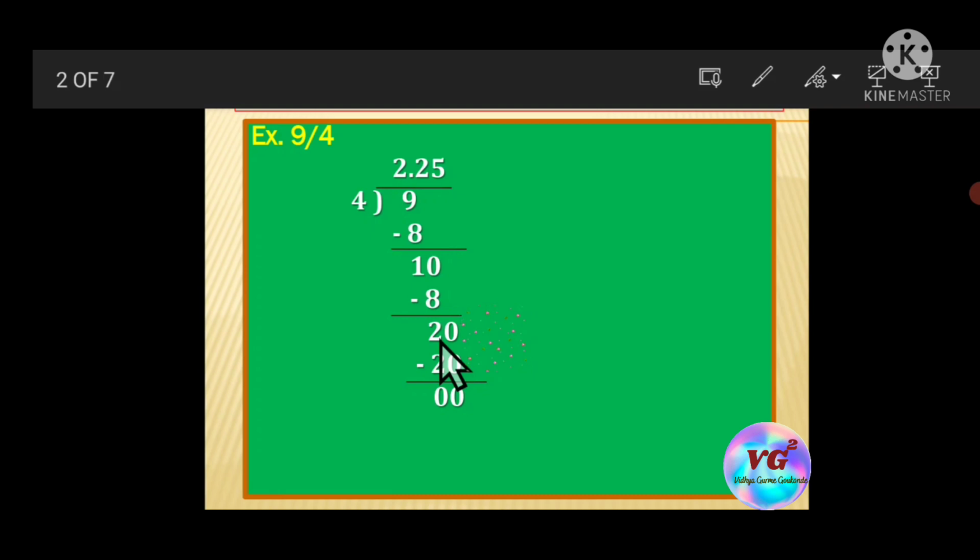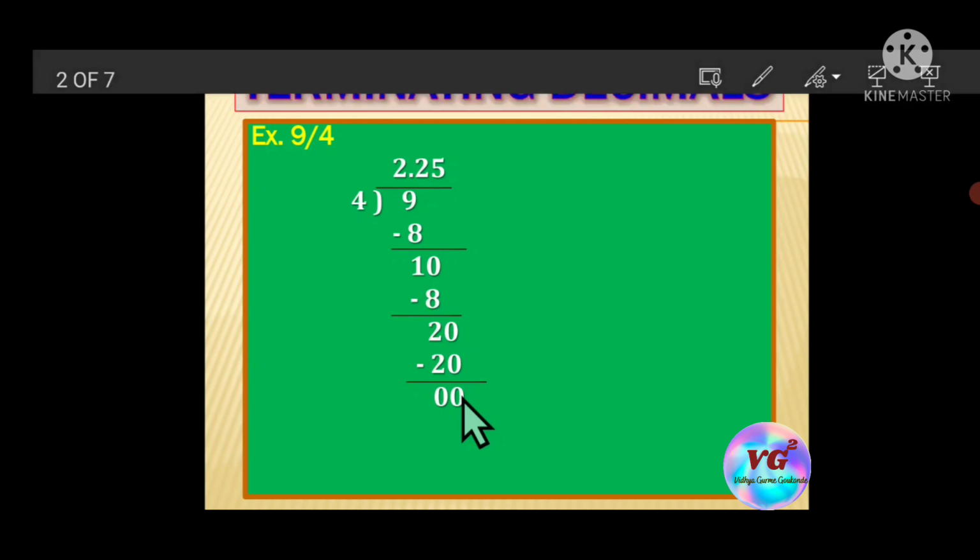Then again 2 is smaller than 4. But once we took the decimal point, no need to take it again, we can take a 0 in front of 2. 2 will convert into 20 and 4 fives are 20. 20 minus 20 is equals to 0. Our remainder becomes 0.